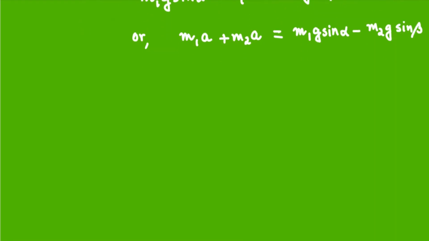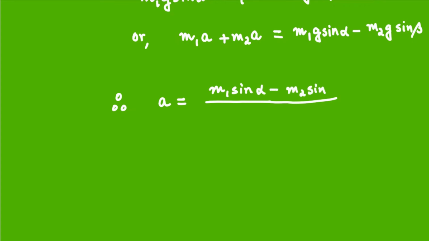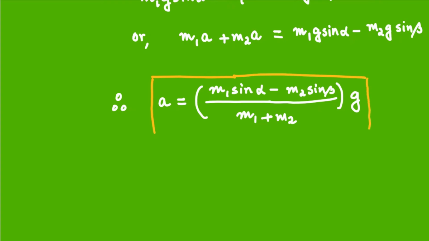Therefore, a, that will be the common acceleration of the two bodies, equal to m1 sin alpha minus m2 sin beta divided by m1 plus m2, into g, small g. That is the expression of common acceleration.